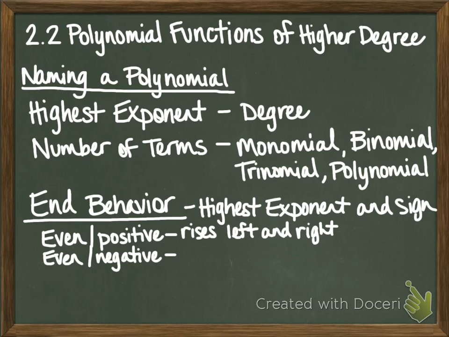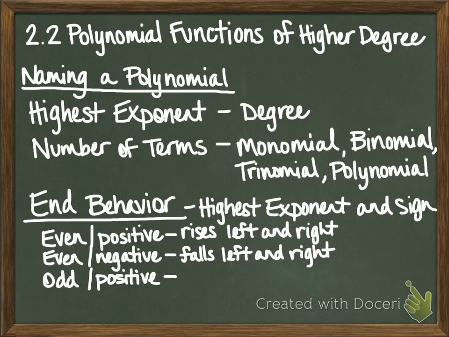If the highest exponent is even, but the coefficient is negative, then it's going to do the opposite. If you think about negative x squared, it is a U that opens down. So that means it falls left and right. Okay, so that's anything that's an even power. They're going to be doing the same things on the left and right. If it's positive, then it's going to be going up. Negative, going down.